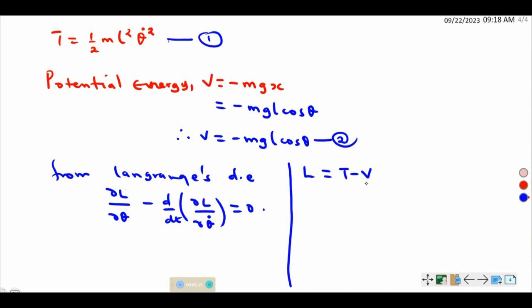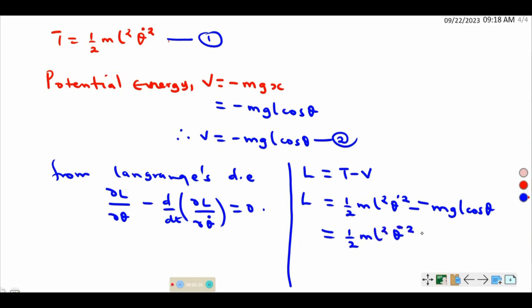So it means L will simply be a half m L squared theta dot squared minus, negative m g L cos of theta, which we can write as a half m L squared theta dot squared plus m g L cos of theta. That will be L. So from this L, we can now get del L del theta and del L del theta dot.